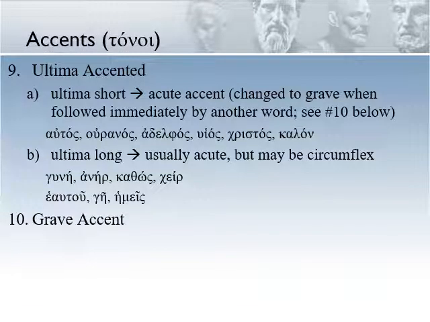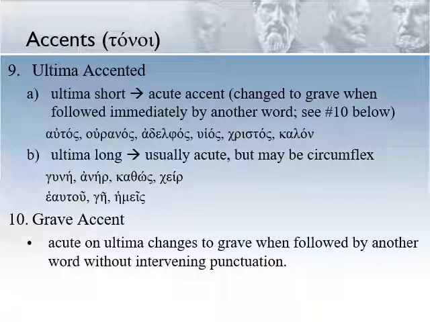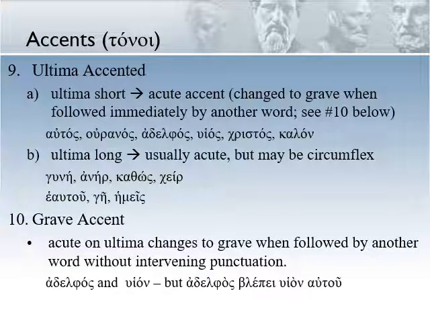Let's talk a little bit more about the grave accent. An acute, as we said, on an ultima will change to a grave when that word is followed by another word without intervening punctuation. So here are two words, adelphos and huios. Adelphos means brother, huios means son, but notice when it's used in a sentence, look at these four words: adelphos blepei huion autou.